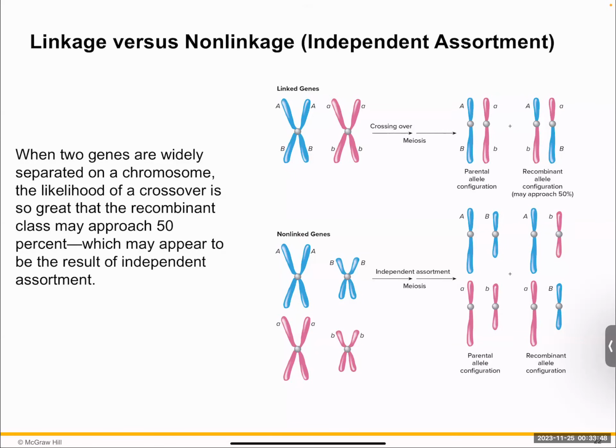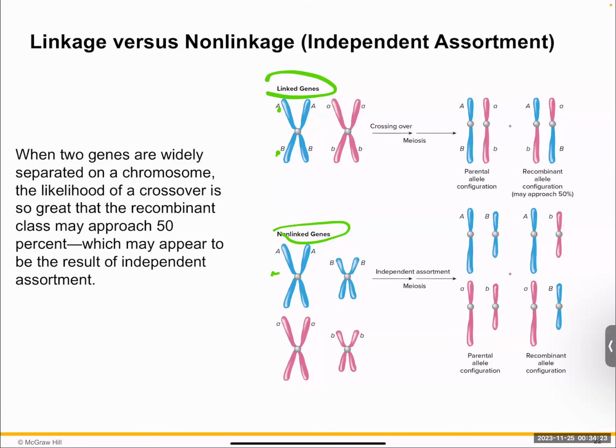So let's take a look. In this example, A and B are considered to be... I think it's a little bit backward. So this is linked genes and this is unlinked genes. Oh no, sorry, my apologies. This is the linked and this is the unlinked. So there is a crossing over. In this case, the parental allele conformation does happen.